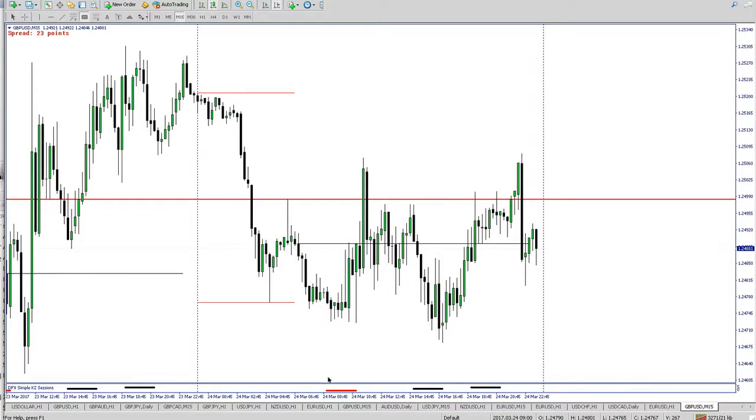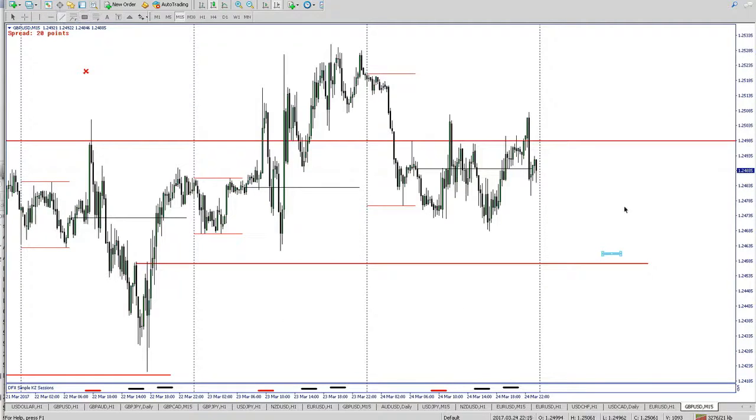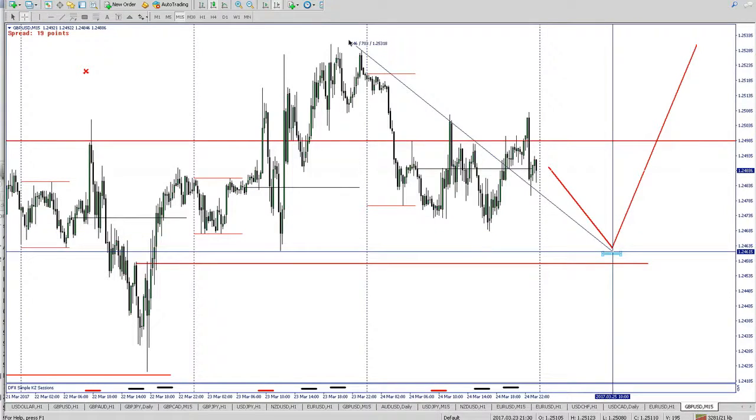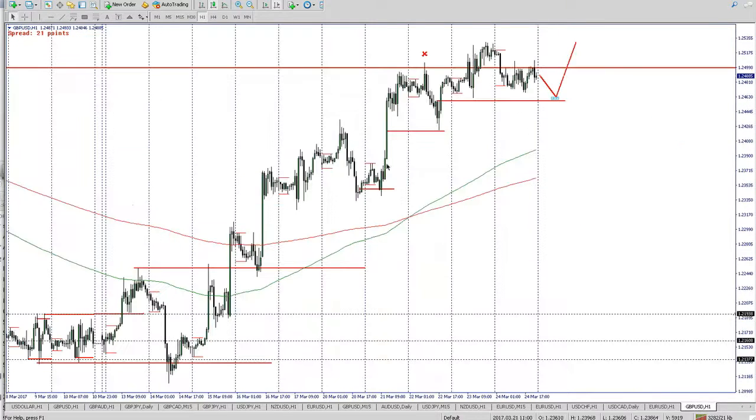There'll be a red box here, round about, sorry, here. So in London, I'll wait for it to come down, take out stops from London, take out the stops from Monday Asian session, and then we're probably going to see a bounce off London, or to take out these stops at least at 70 pips.